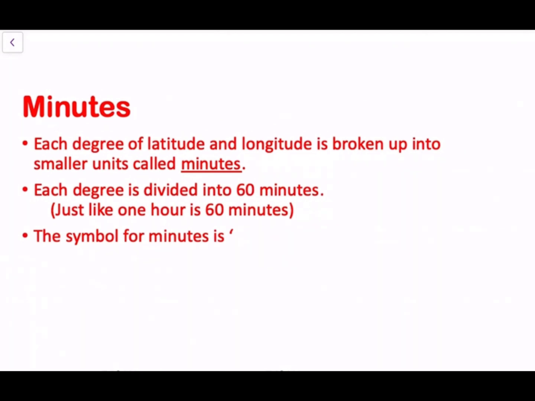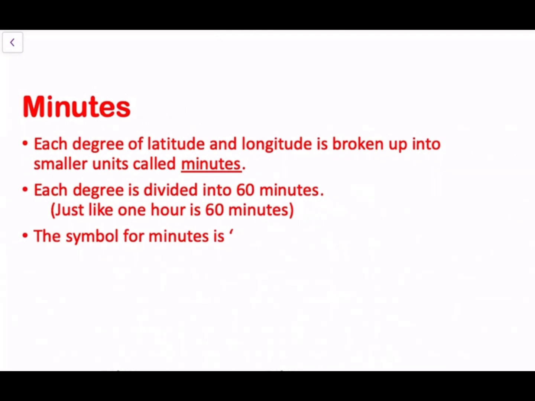So for every 1 degree of latitude or 1 degree of longitude, that degree is further broken up into 60 minutes. This is easy for us to remember because it's just like the 60 minutes that make up an hour of our clock.